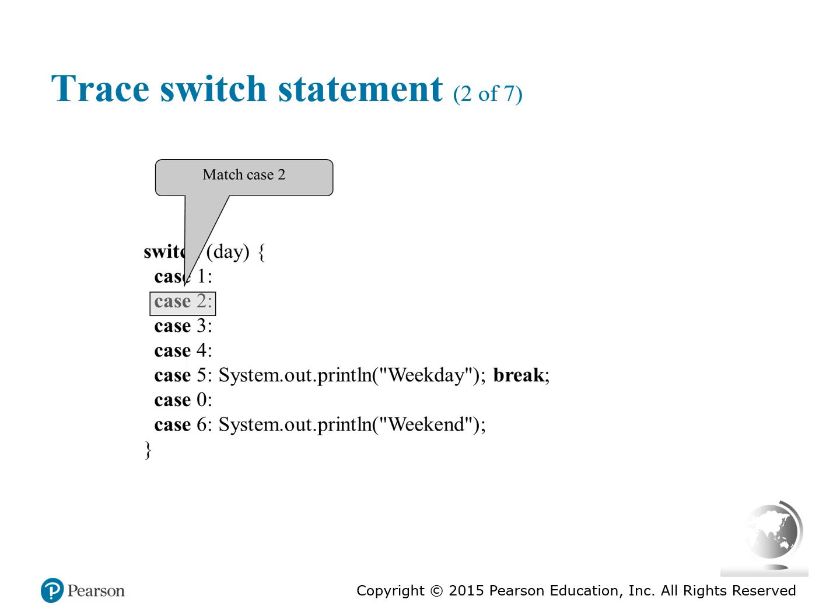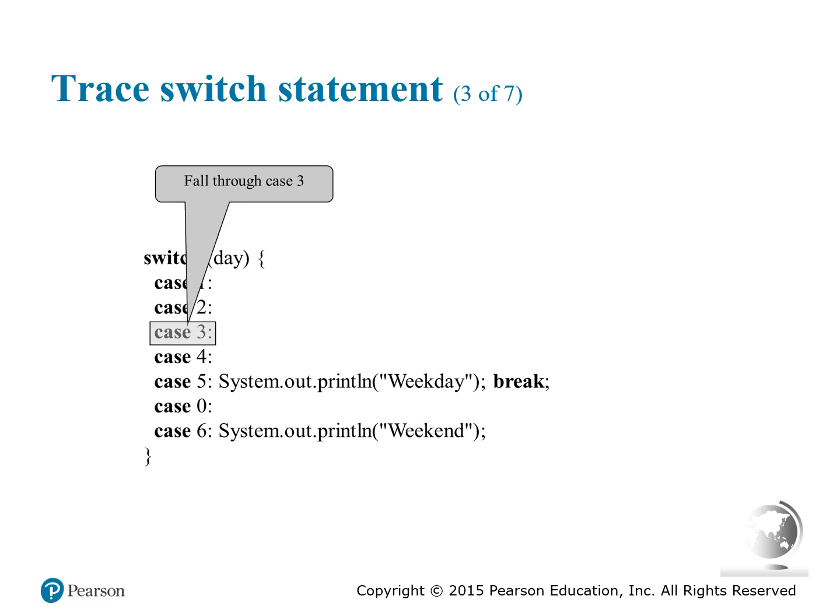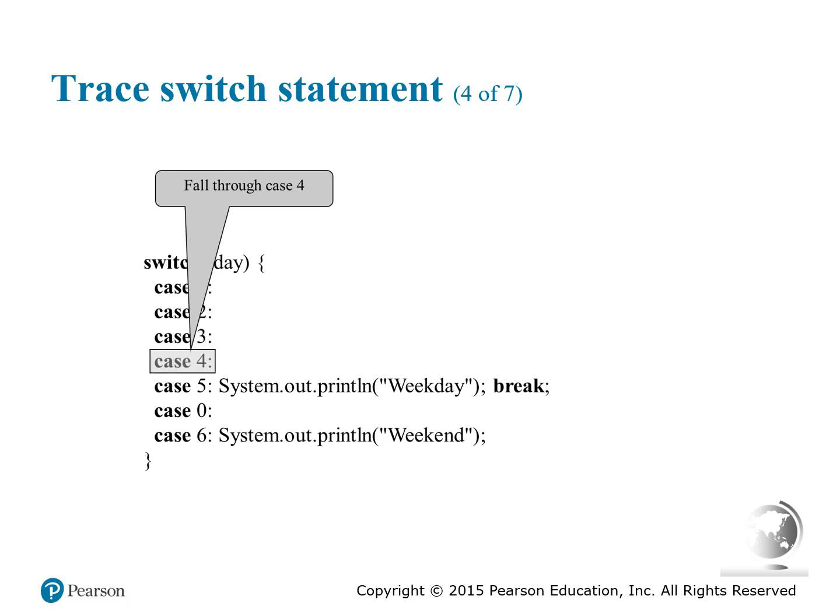Because there's no break statement in case 2, we fall through to case 3. We execute the code in case 3, and in absence of a break statement, we fall through to case 4. Likewise, when we execute case 4 and do not encounter a break statement, we fall through to case 5.